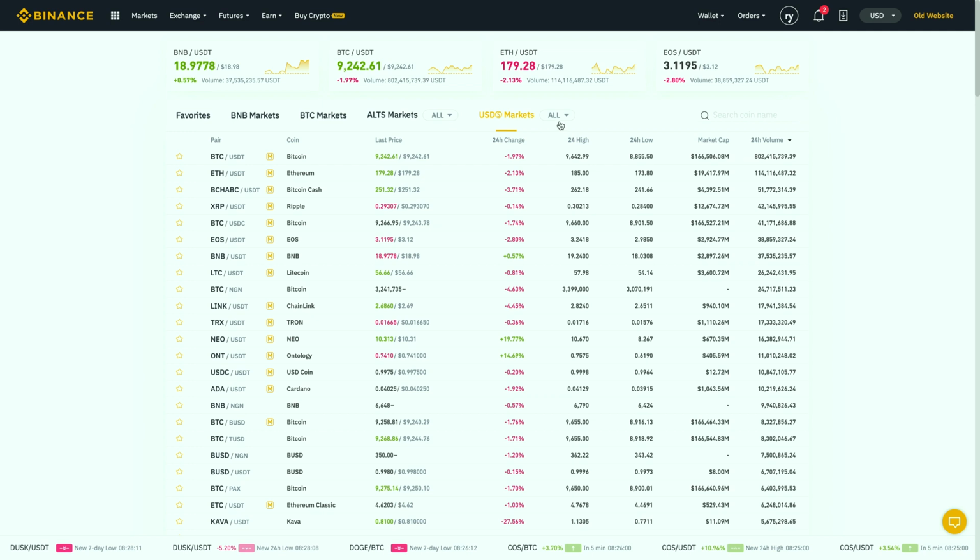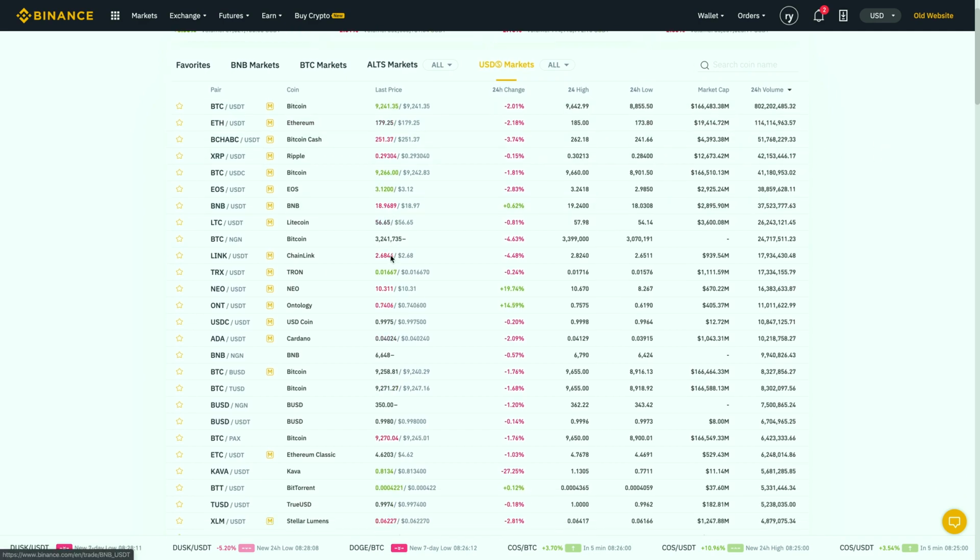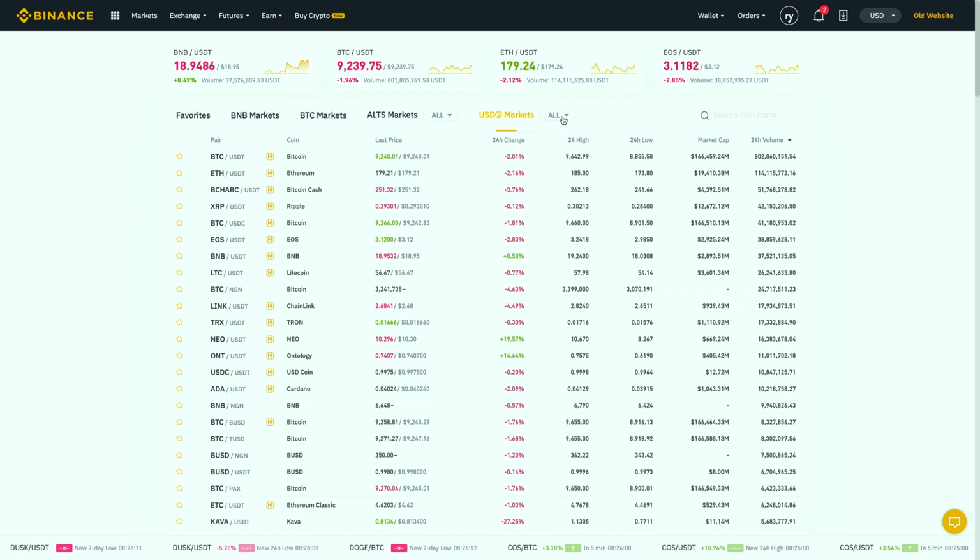And here are the USD markets. Now these are not real US dollars. They're stable coins. And the idea is that one of these USDT is the equivalent of one US dollar. So that's the idea behind it. So there's various stable coins. You can even check them out. There's USDT, Paxos, USDC.